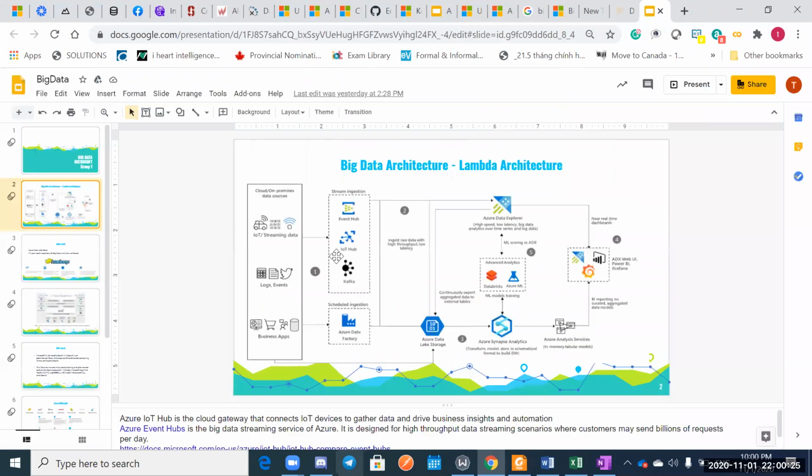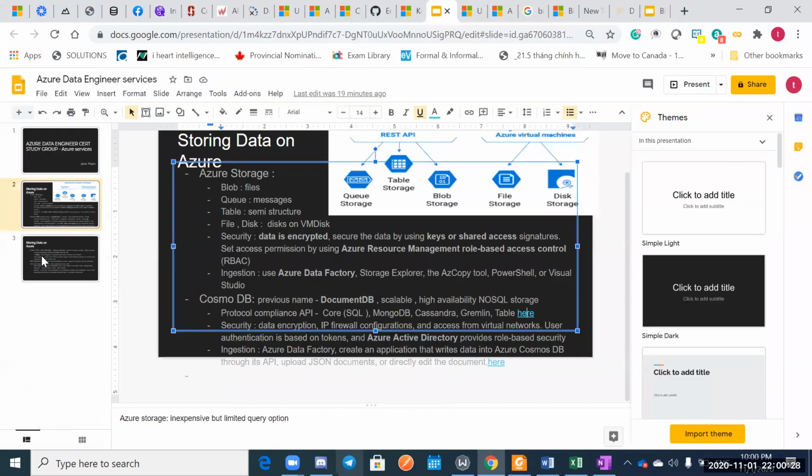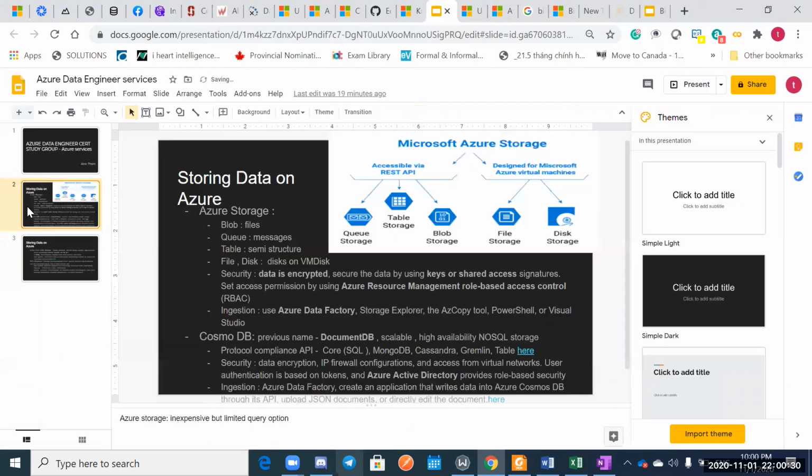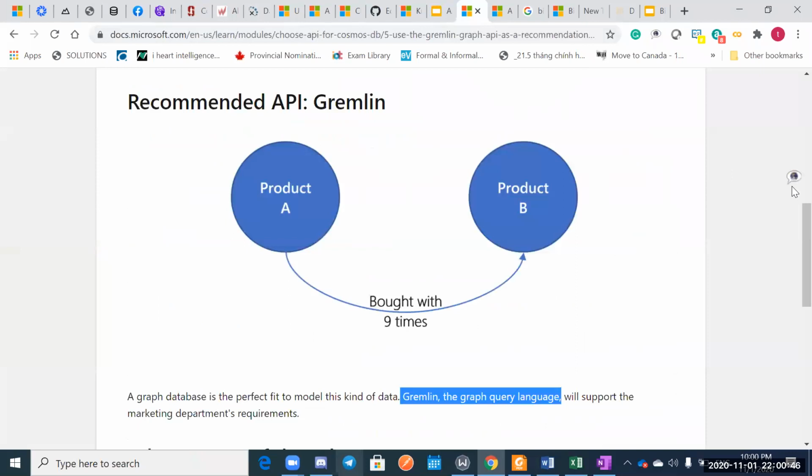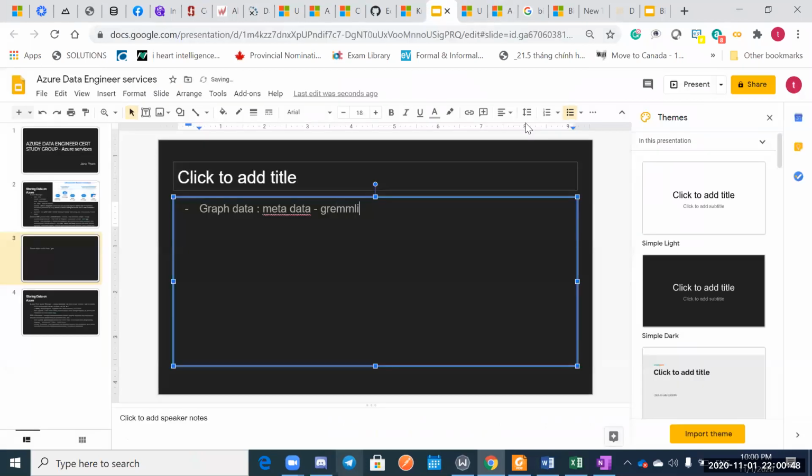Let me write this down here so that you can remember next time. If you have graph data and a lot of metadata, you will use, I think, Gremlin. If you have relational-like data, you use Core SQL.